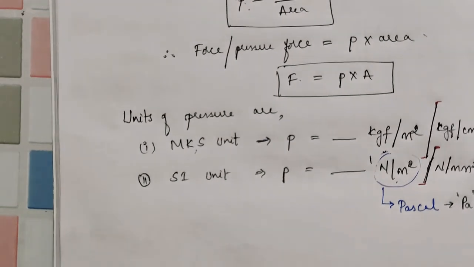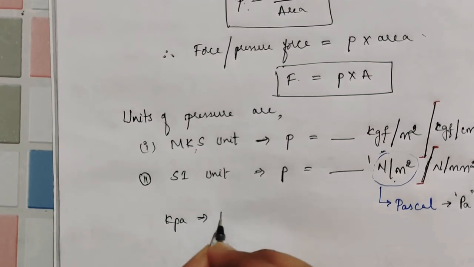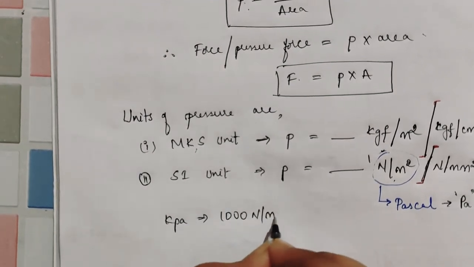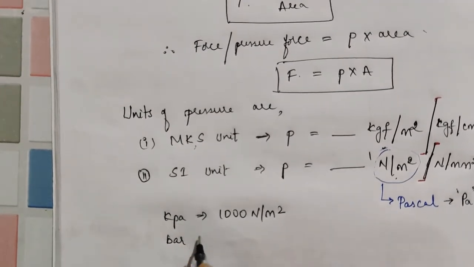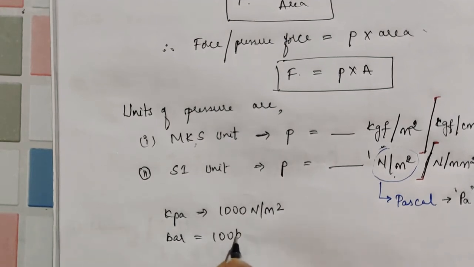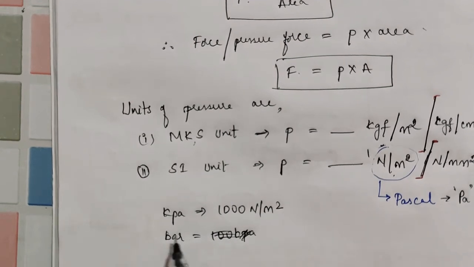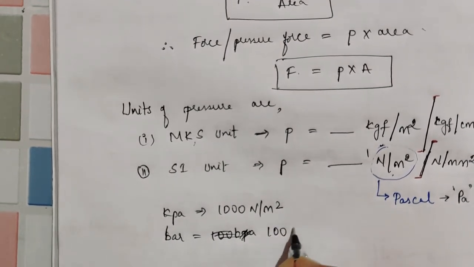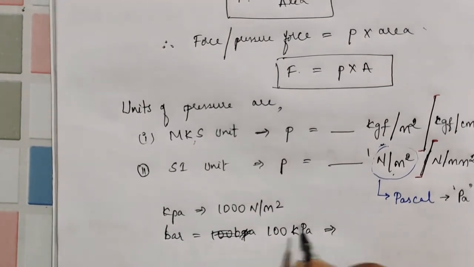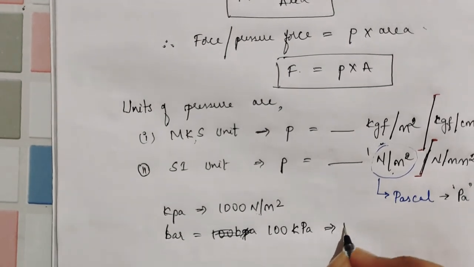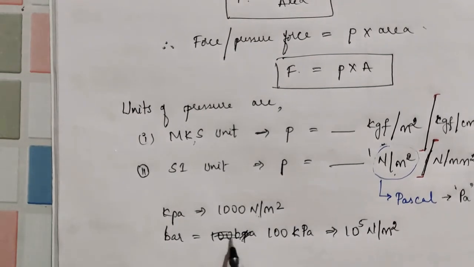Some conversions will be there. If they give kPa, what does it mean? Kilopascal, that is 1000 Newton per meter square. Sometimes pressure is also measured in bar. 1 bar is nothing but 100 kilopascal, or if you want to write in Newton per meter square, it is 10 to the power of 5 Newton per meter square.